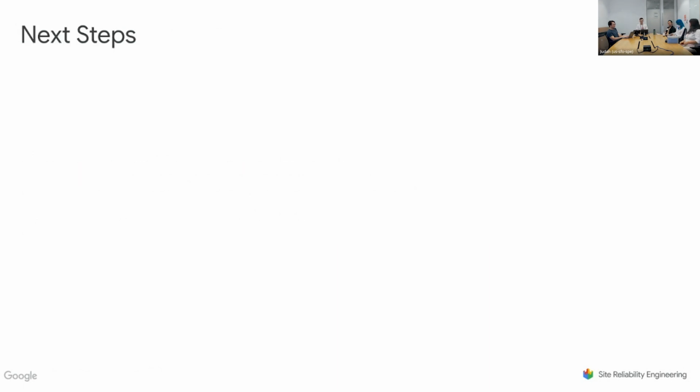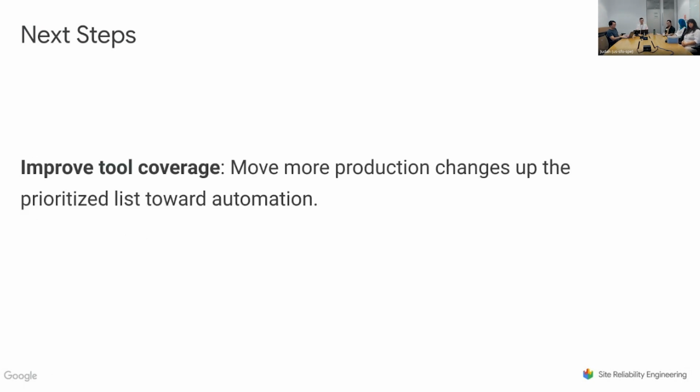For our team, we still have more to go. This is a continuous process of improvement. Some things that we're still working on: we want to improve our tool coverage. That means we want to move more production changes up that list towards full automation. Maybe that means taking that manual key rotation and bumping it up to something tool guided, where all I have to do is click a button in an interface.